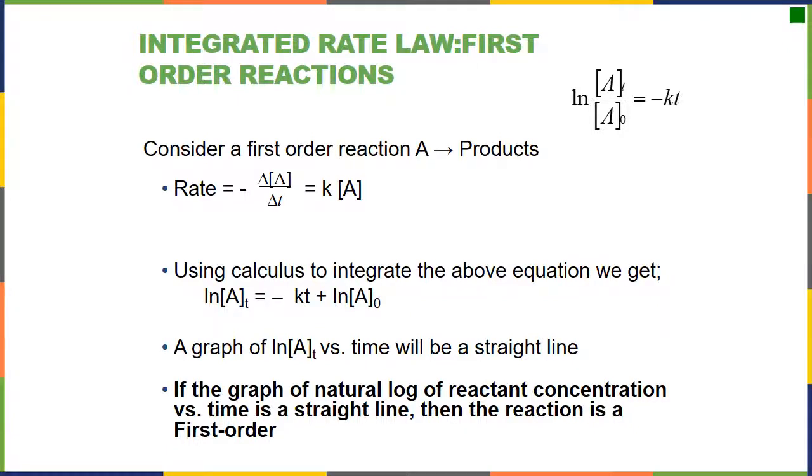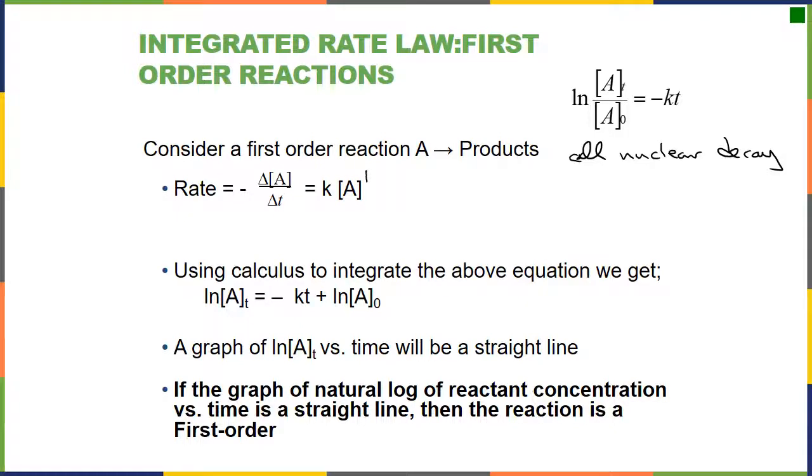Now, much more interesting is first order. First of all, nuclear decay. Anytime we have nuclear decay, it is inherently first order. First order means that our rate, minus change in concentration of A over change in time, is equal to k times A to the 1.